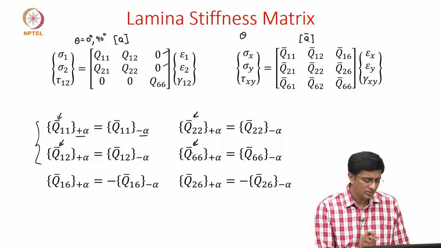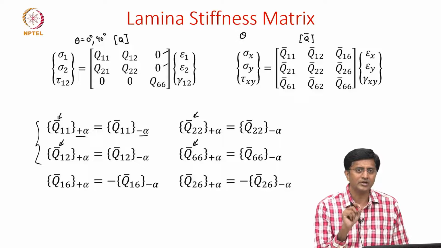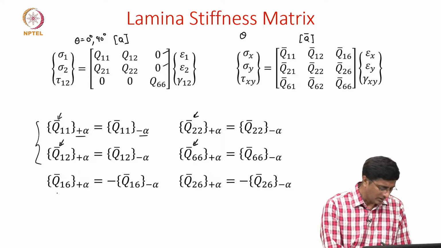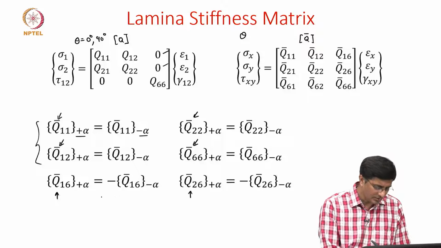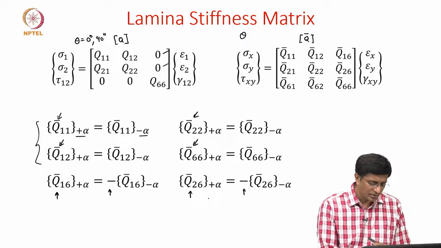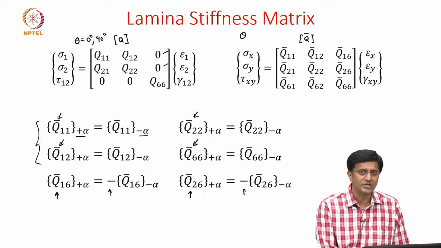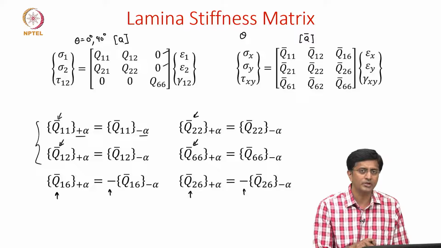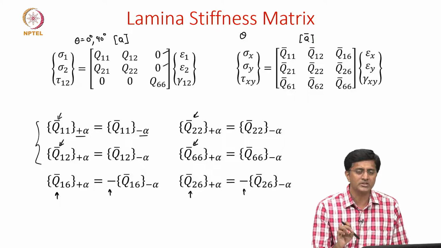There is no change because they have even terms of sine and cosine in those expressions of Qij. But when we look at Q16 and Q26, the magnitudes are the same, but there is a difference in the sign. We emphasize this because when we look at some special laminates, we will use this property to show that some of the couplings are either existing or non-existing.